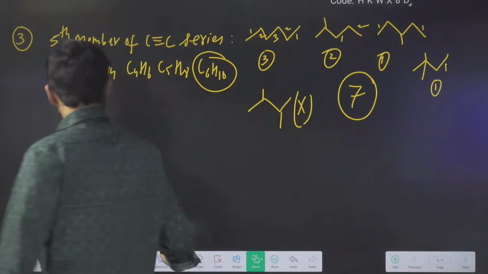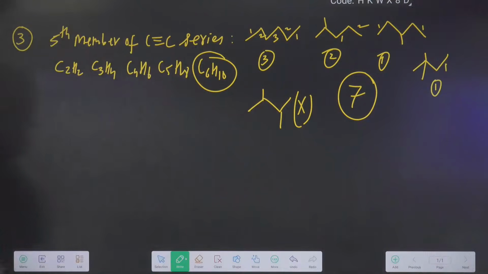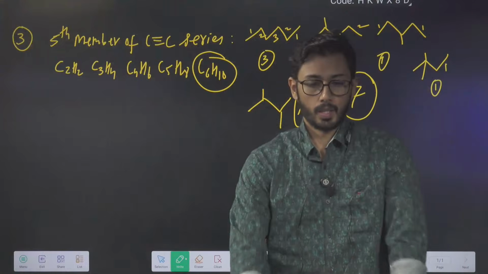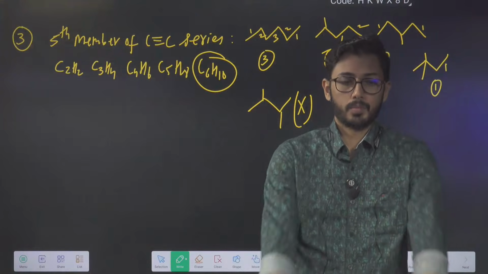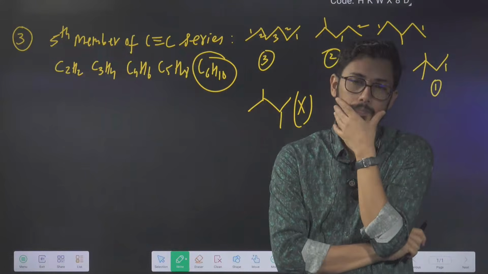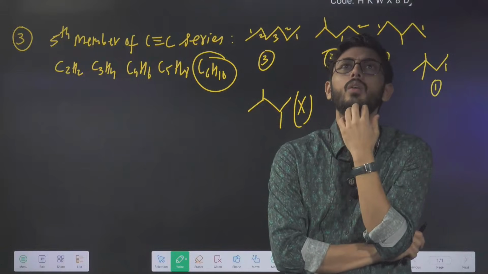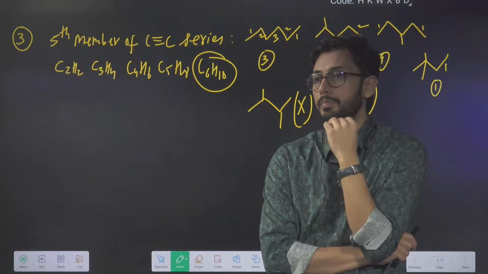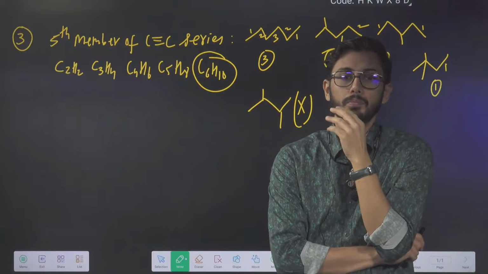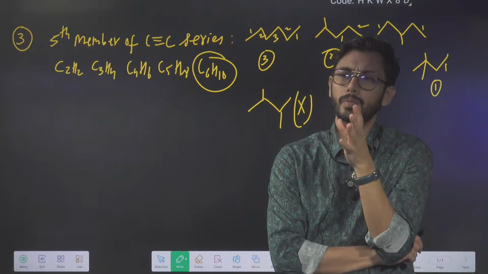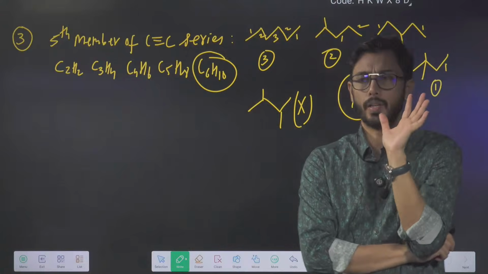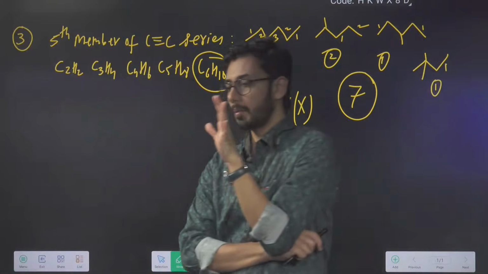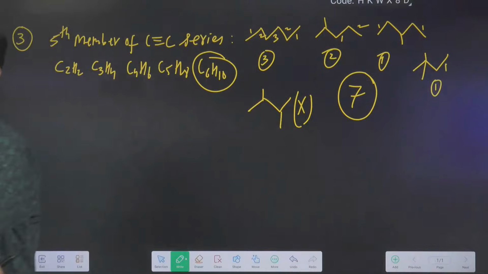Okay. Achha, if the question is how many minimum C and H are required to show position isomerism, or simply, how many minimum carbons are required? Chalo, how many minimum carbons, not C and H, only minimum carbons required for position isomerism.